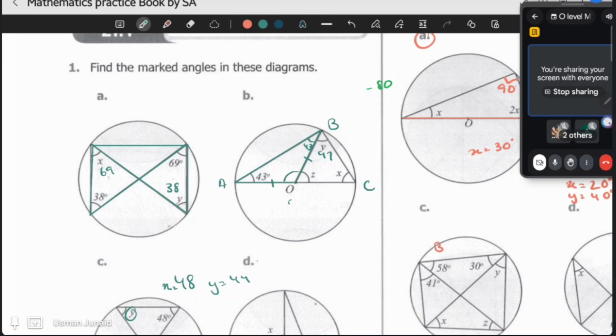Can you find this angle? Z is 86. How? 43 and 43 are 86, then 180 minus 86 is 94. Then I did 180 minus 94.